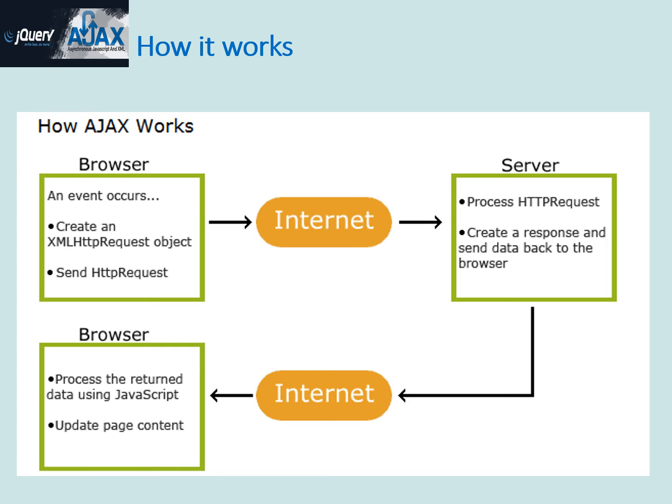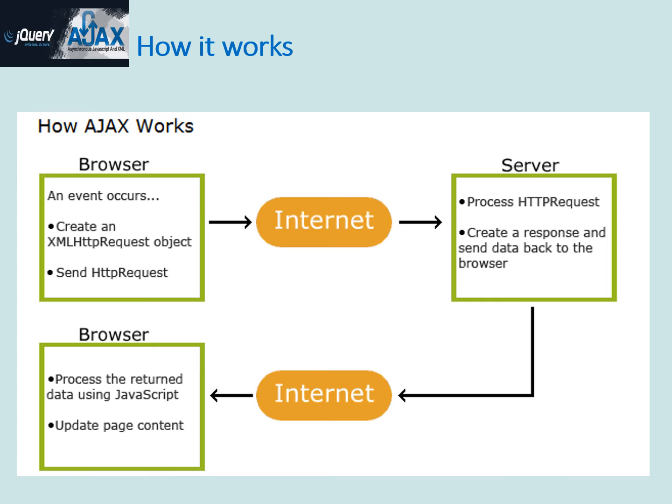So Ajax is a technique which works with HTTP request and HTTP response objects. Here we have a diagram. In the diagram we can see that there is a browser and a server.